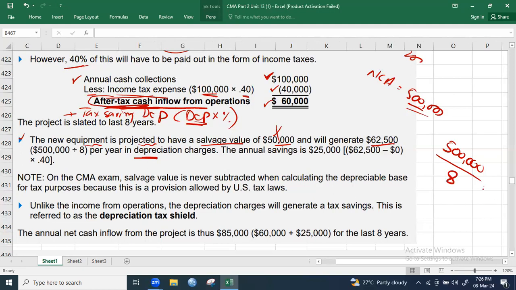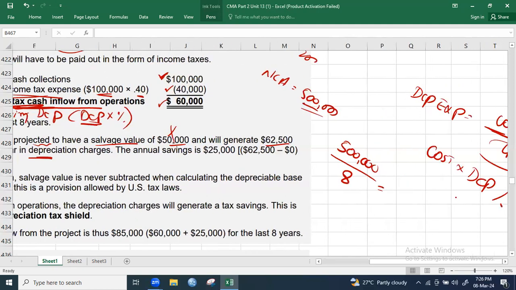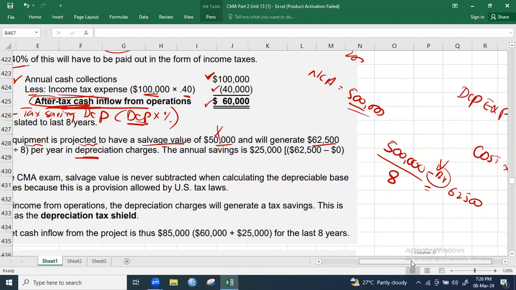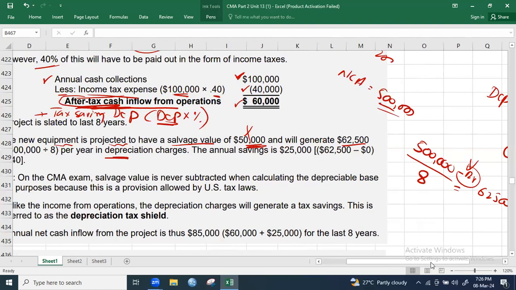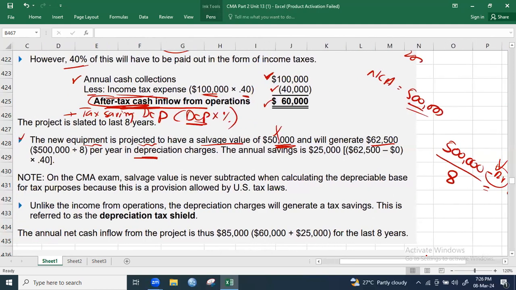So the depreciation expense is 62,500. See, we didn't deduct the residual value here. Even if it is given as 50,000, don't deduct it. I hope you know how to get depreciation: cost over life.